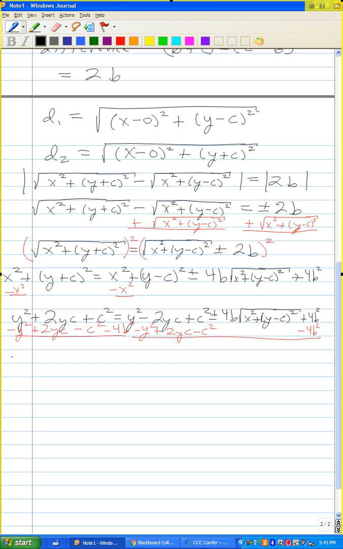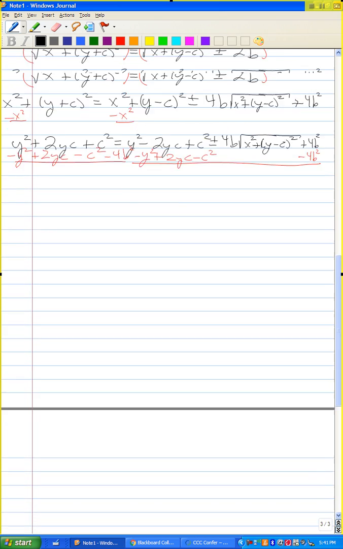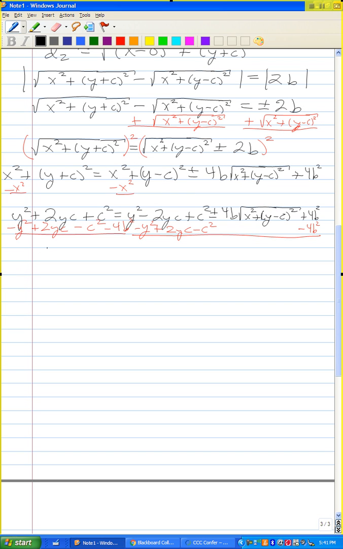And so y squares cancel. So you get 4cy minus 4b squared equals plus or minus 4b radical x squared plus (y minus c) squared.